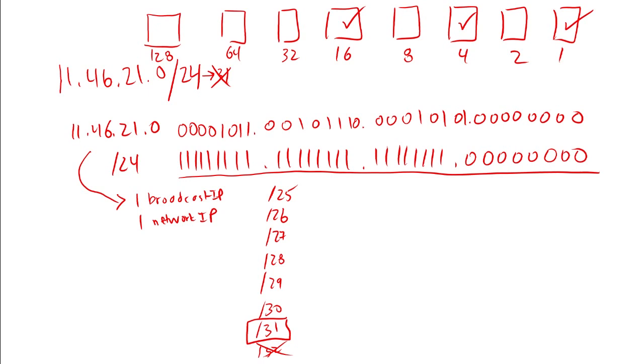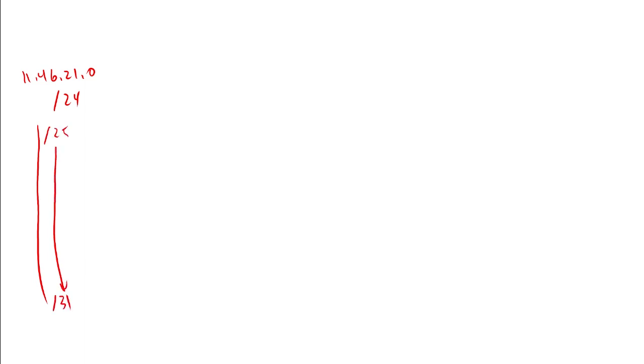And so now let's go to the next page, 11.46.21.0. So let's go 11.46.21.0/24, and we're deciding from /25 to /31.